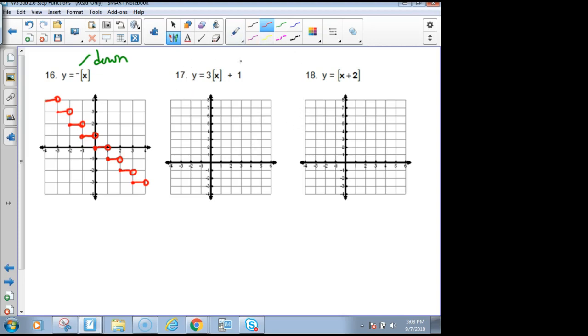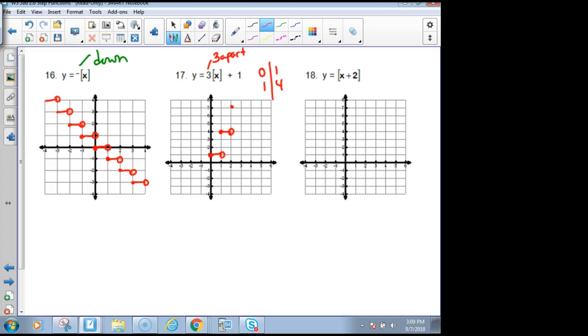Now we got more stuff going on. Okay, so our steps should be 3 apart. And this thing shifts it up 1. So let's just figure out where we begin by plugging in 0. 0, 1. When we get over to 1, we would get 3 plus 1, 4, which is making our steps 3 apart, just like we expected.